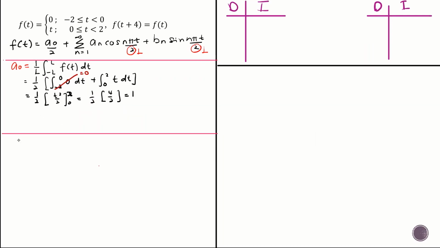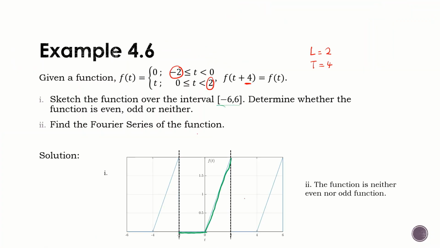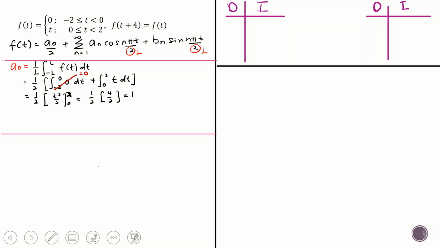The formula of an is equal to 1 over L, integral from -L to L of f(t) cos(n pi t over L).